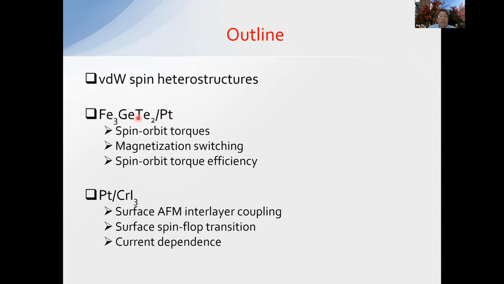This is the platinum on top. And the other one is somewhat called an inverted structure with the platinum under. I'm going to tell you why. And then chromium triiodide, a layered magnet.